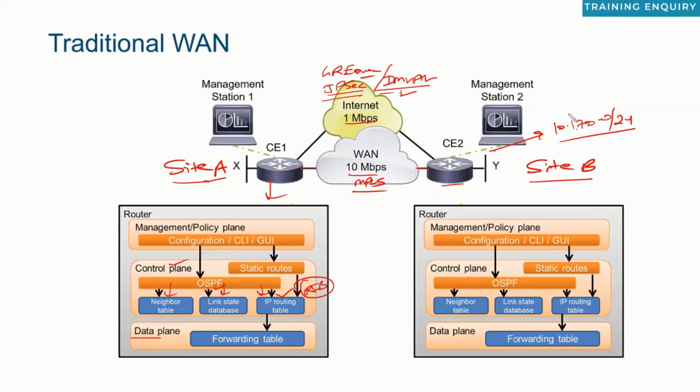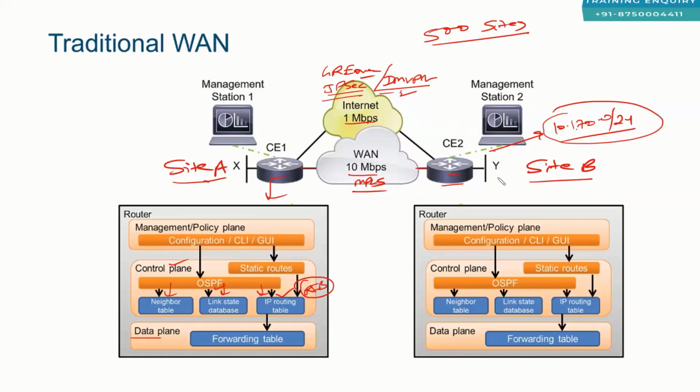And let's assume that you have maybe 500 sites, not just two. Just imagine how much time you would be taking to make all these changes on each individual router.